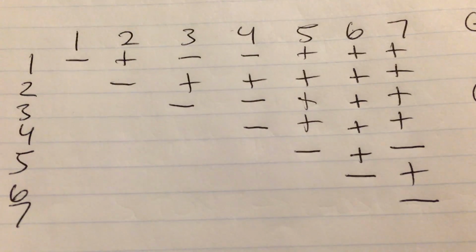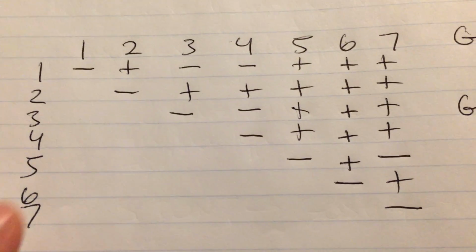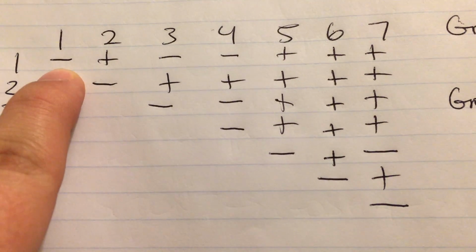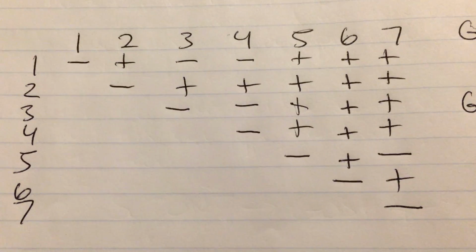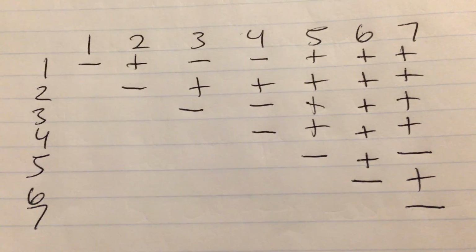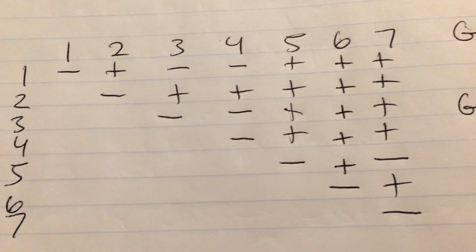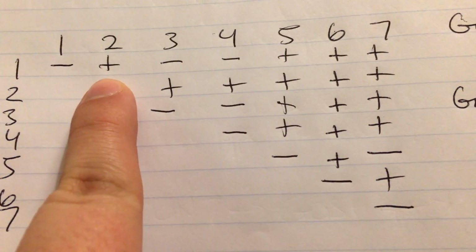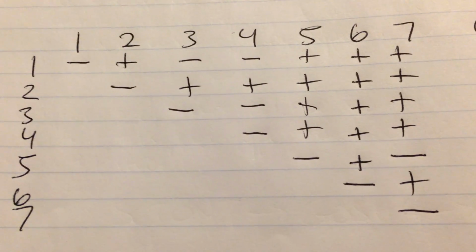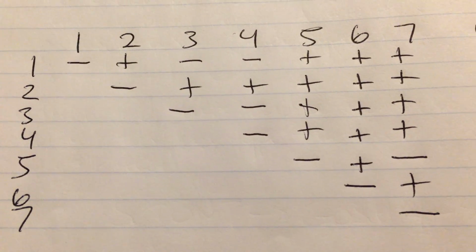As we can see, when 1 is crossed to 1, there is a minus sign. This minus sign means that the phenotype of the children is the mutant one. When we see a plus sign for 1 and 2, that means that the phenotype of the children is normal.